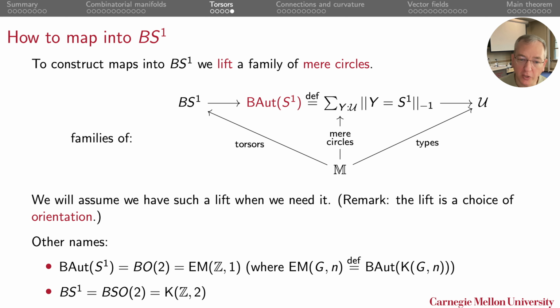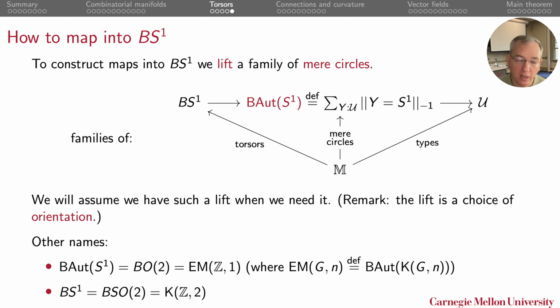It can also be called EMZ1, and that's what I call it in the companion paper to this talk, because that's the Skokola notation, the paper I mentioned earlier, where this EMZ1 is meant to be the type of mere Eilenberg-MacLane spaces. The types merely equivalent to KGN, and that's called EMGN.